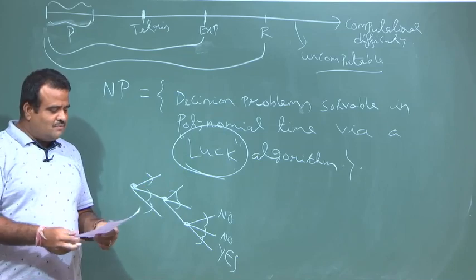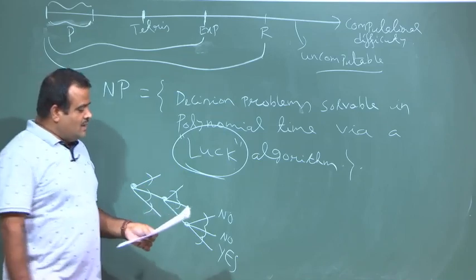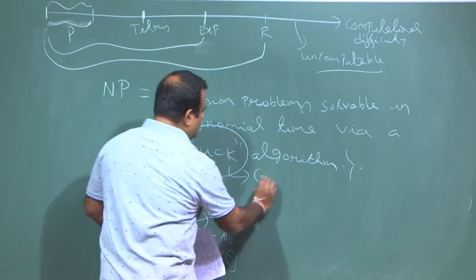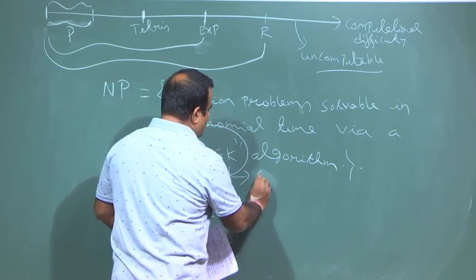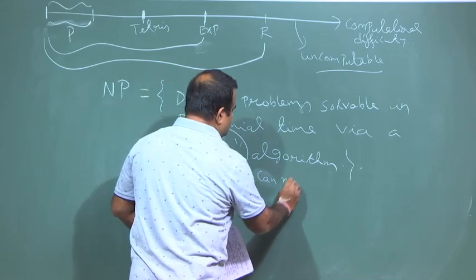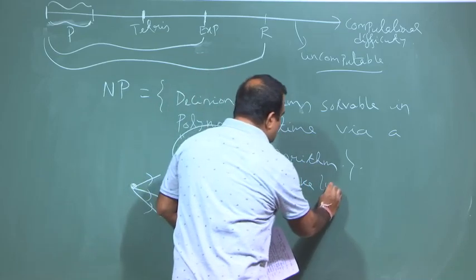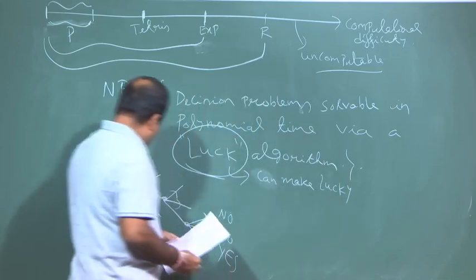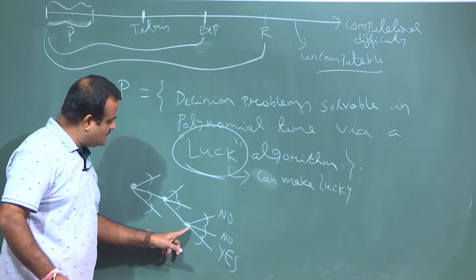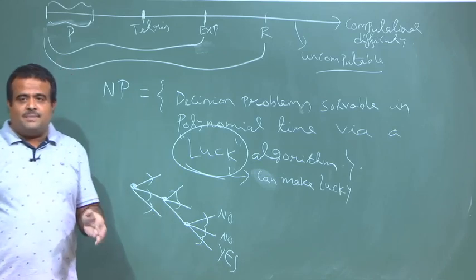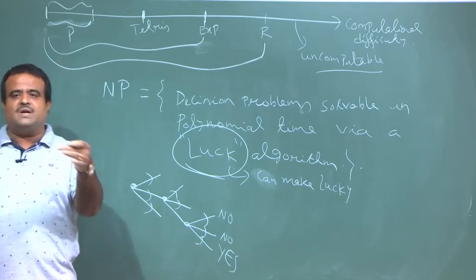Lucky algorithm means we can make lucky guesses. Every time we guess this, then we guess this, then we guess this, and this is not random. We are guessing and it happens to be a lucky guess.